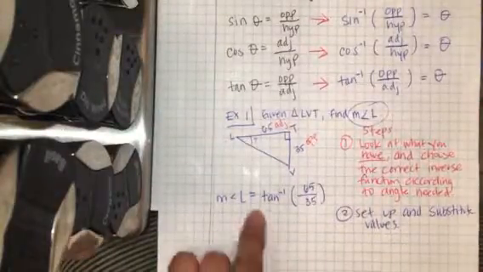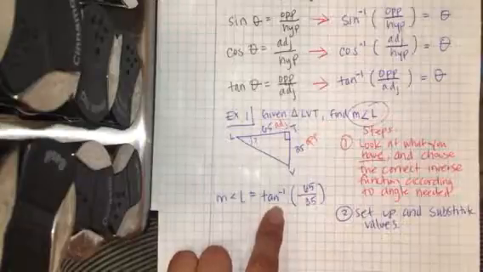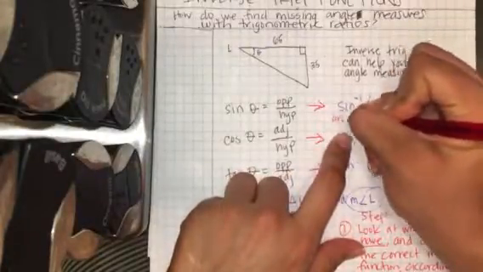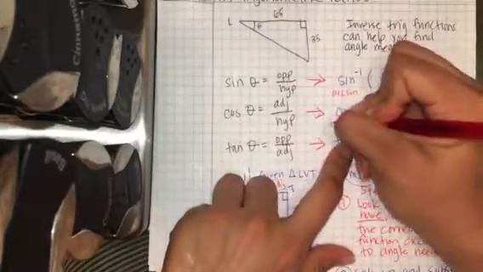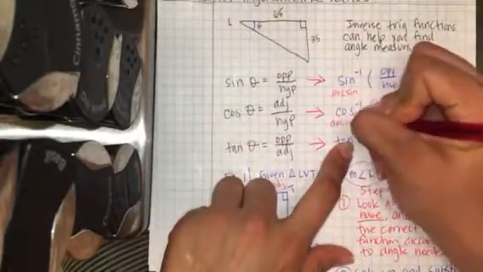Now I'm going to show you how this looks on the calculator. By the way, sometimes you're going to see the inverse tangent written differently. The inverse sine would be arc sine. The inverse cosine would be arc cosine.